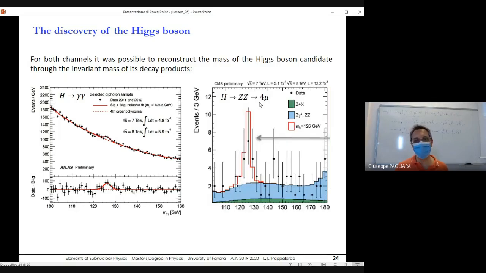Similarly, they also found similar results in the ZZ decay, in the 4 muon final state, for instance, where they found indeed a small peak in the invariant mass. The numbers are very small here. And the two happen to be at the same mass, 125 GeV.